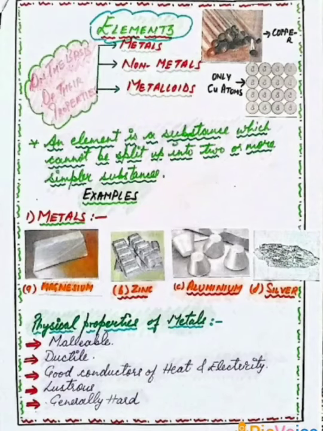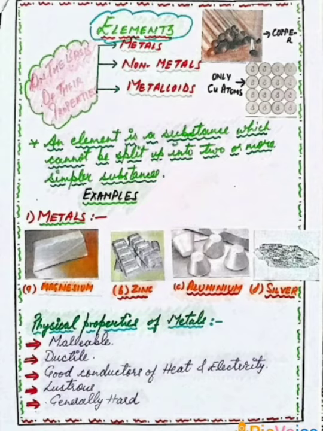Now, what are the types of pure substances? On the basis of their chemical composition, substances can be classified either as elements or compounds. Let's start with the elements.